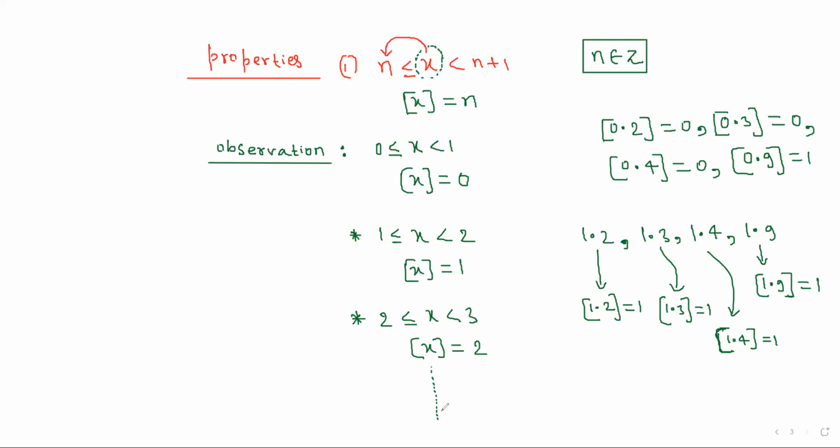So finally, let's suppose x lies between n and n plus 1. The greatest integer function of x will always be n. I think this is clear to all.